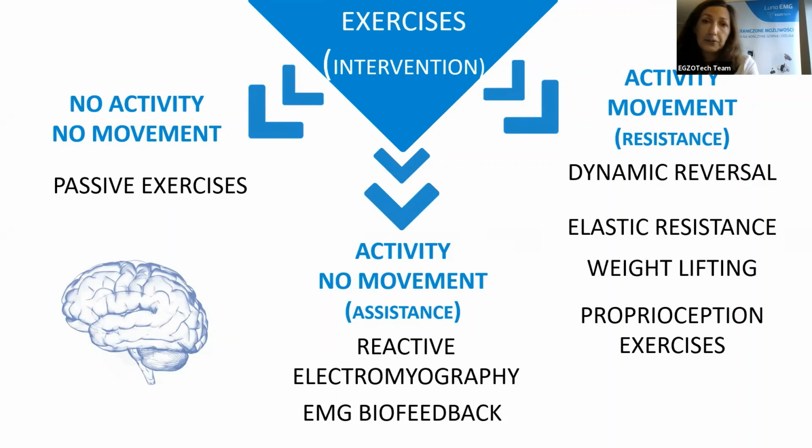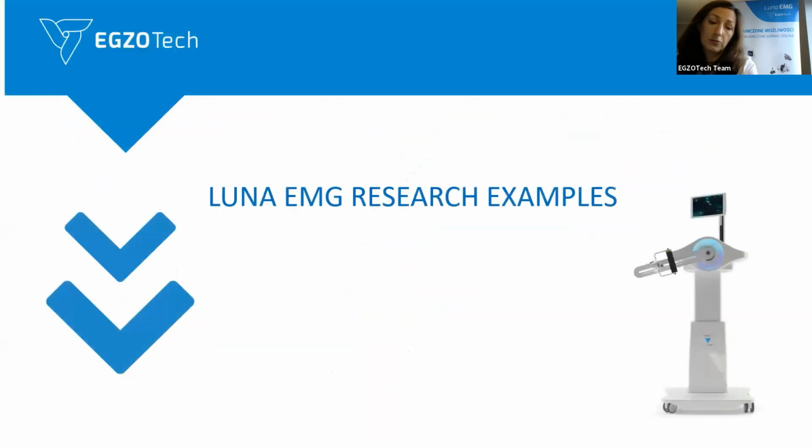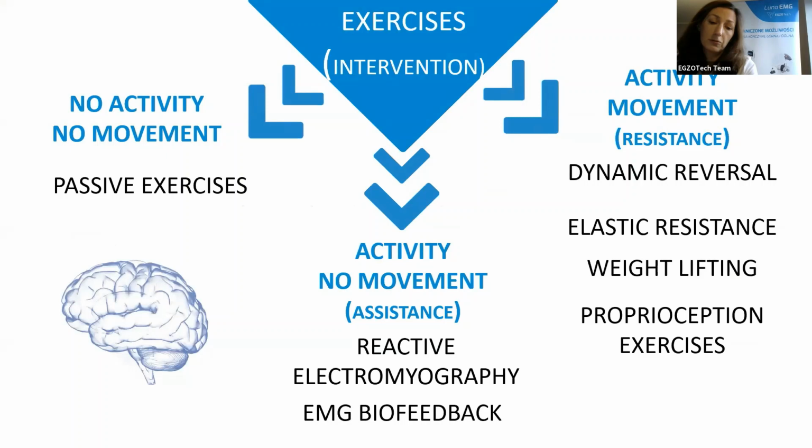Another group of exercises is when there is activity but there is no movement, so the patient needs a little bit of assistance, and for that we use the reactive electromyography and the EMG biofeedback.